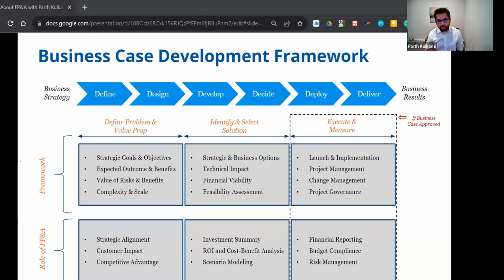In the second pillar, when we are in the identifying and selecting the solution phase, there are again a couple of very critical steps that FP&A plays. I think this is the step where FP&A plays the most critical role, I would say. One is clearly summarizing what the investment plan is going to look like.